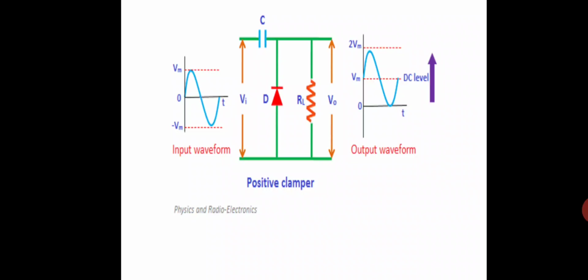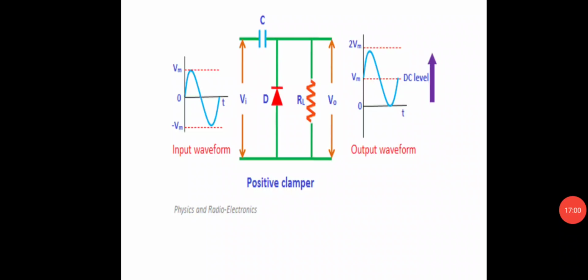So when the input is positive, the capacitor discharges, and the capacitor charge and input are added, and the output is twice Vm. So the positive half cycle is larger than the input: input is Vm and output is twice Vm. In the negative cycle, the diode is a short circuit, so there is no output at load RL.